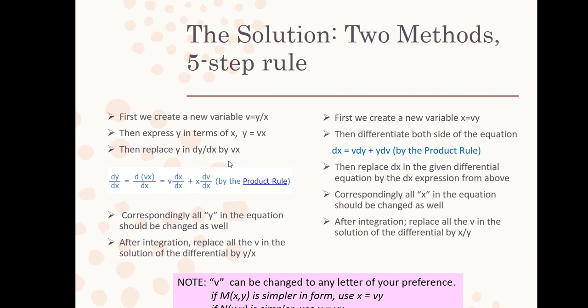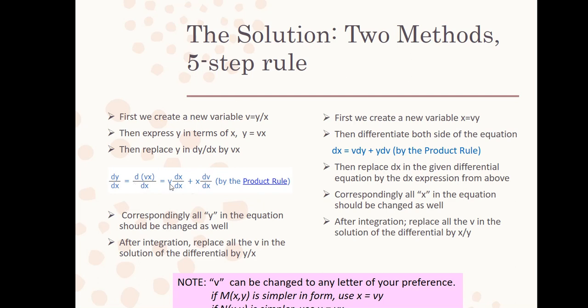Now, since you are changing your y in the derivative dy/dx by vx, you are to apply the product rule of differentiation. Why? Because you change y to vx, and you're going to take the derivative of that. So what's the product rule of differentiation?